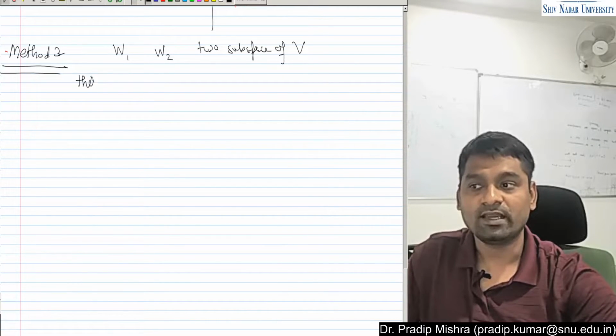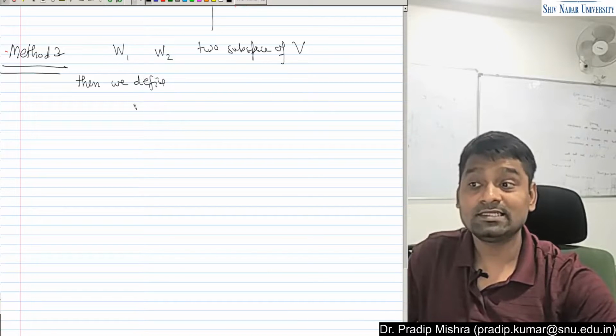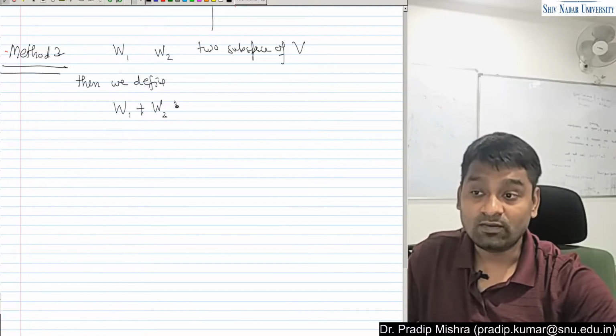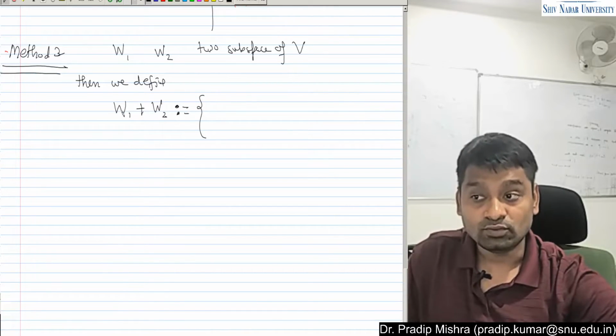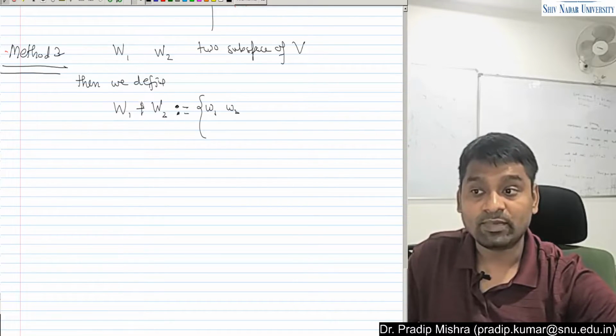Then we define W1 + W2. This is a set, and now we are defining plus on sets. This is not plus in real numbers. We take small w1 in capital W1 and small w2 in capital W2.